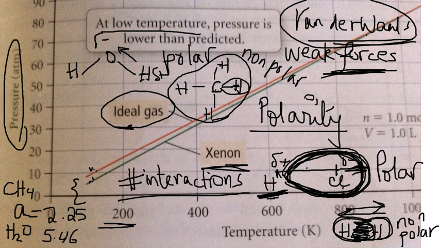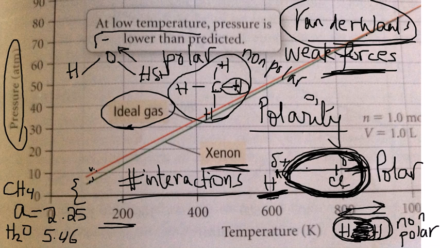Again, you don't have to memorize these numbers, but just realize that the greater the polarity of a particular molecule, the greater the deviation from ideality, and hence the larger number of interactions is going to give you a greater deviation from ideality, and the pressure value is going to go down significantly.